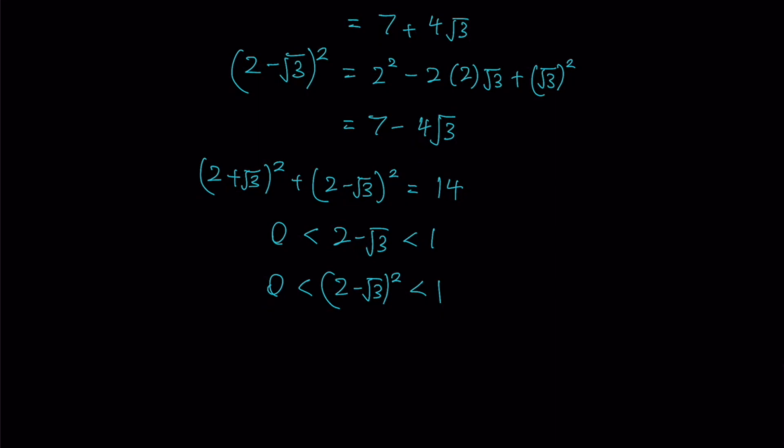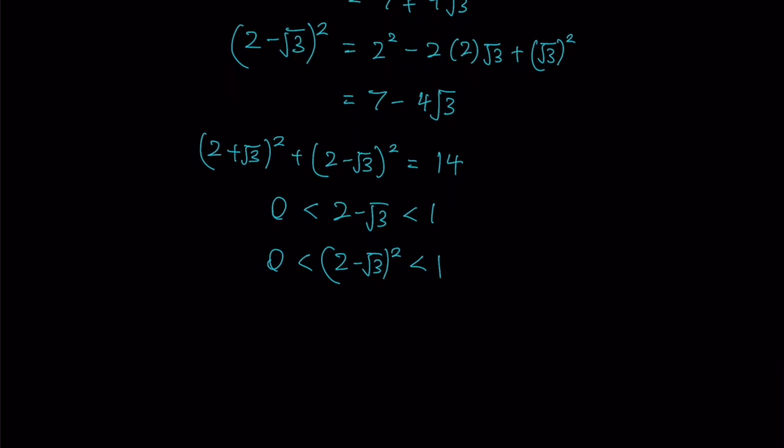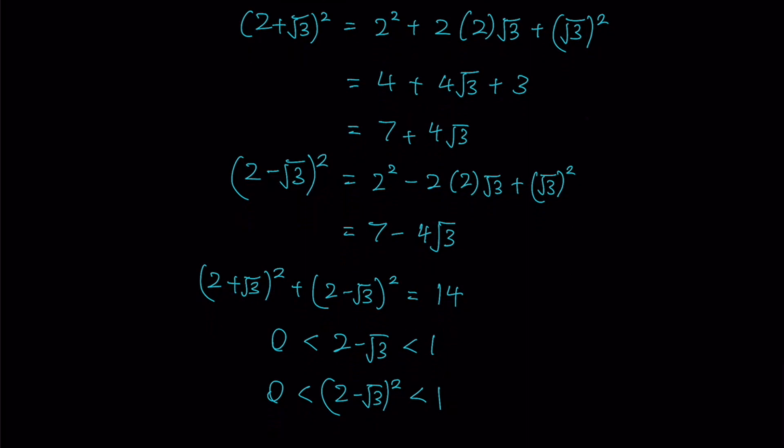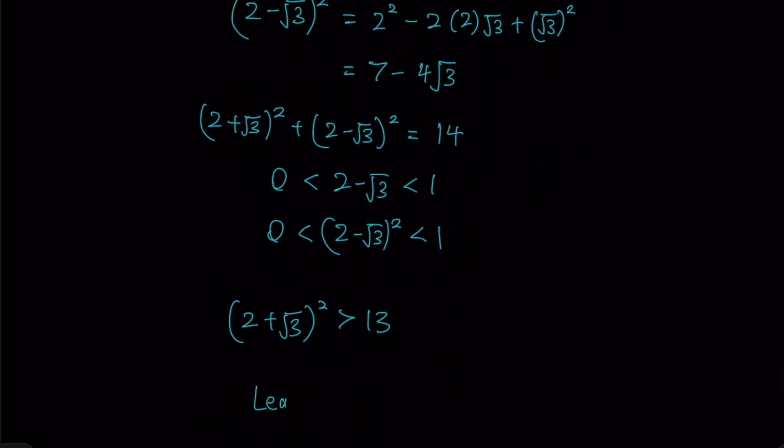And this is crucial for us because I now know that if this value here that we are adding to the expression that we are trying to find a value for is less than 1 and is more than 0, then we know for a fact that this expression, the square of the sum of 2 plus root 3, has to be greater than 13, right? And because we know for a fact that this is greater than 13, since we are asked to find the least integer that is greater than this expression, then the least integer that we are looking for would have to be 14. And hence this is our final answer.